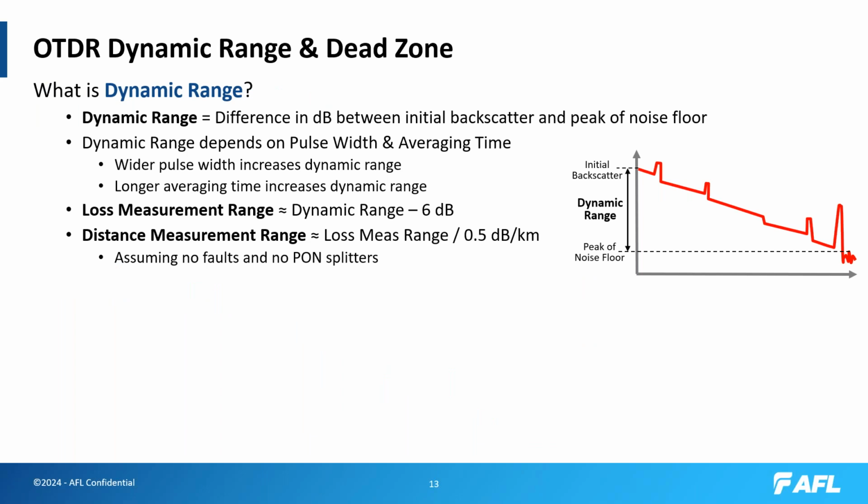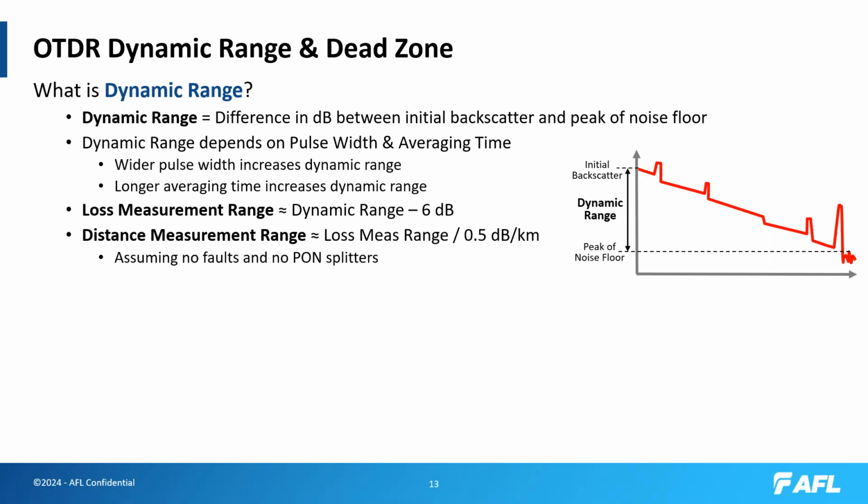Some key parameters of OTDRs include dynamic range and dead zone. When people go to select an OTDR, this is one of the first specifications they'll look at. So key questions are, what is dynamic range and how does that relate to how long a fiber I can measure, or how much loss can I have in my network?